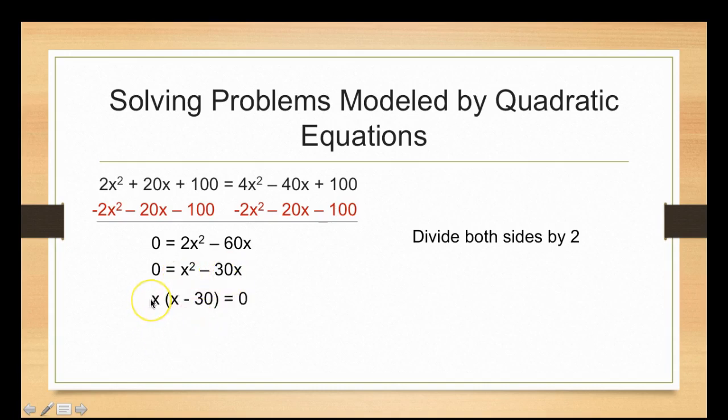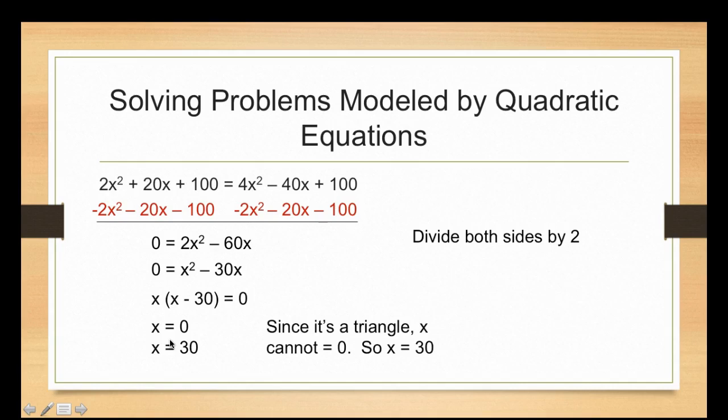So now I have x equals 0 and x minus 30 equals 0. Well, if you remember, this was a word problem, and x is the distance, and 0 is not going to be the distance. So x cannot be 0. So x equals 30.